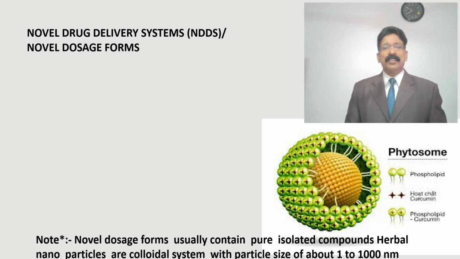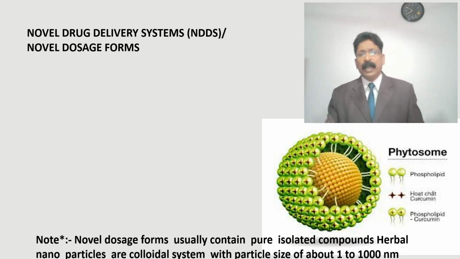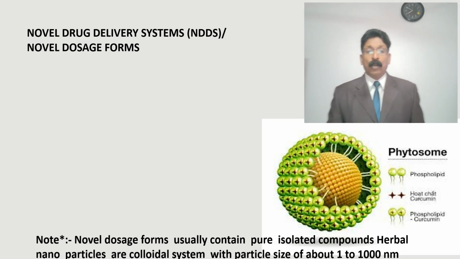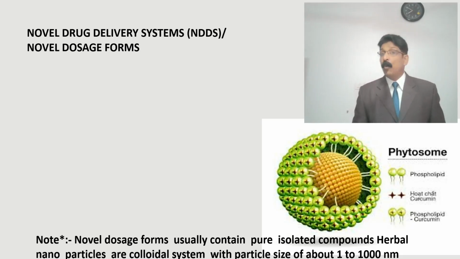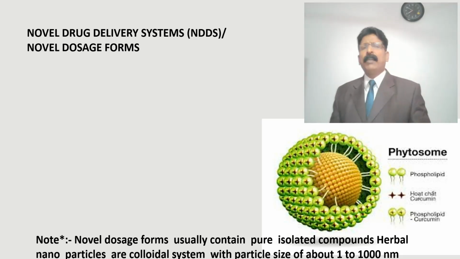The novel dosage forms usually contain a pure isolated herbal compound, like curcumin as shown in the picture. Nanoparticles and colloidal systems have a particle size of about 1 to 1000 nanometers, or even 1 micron.